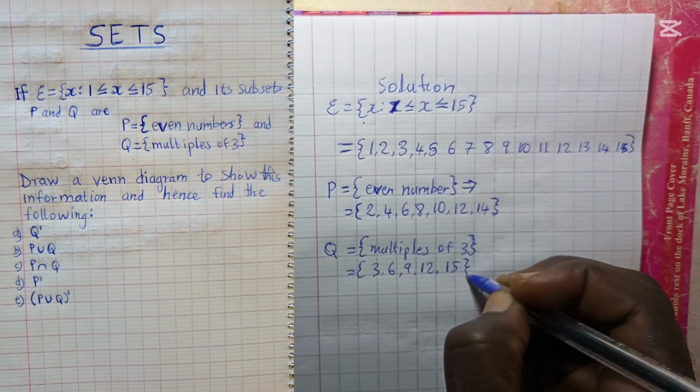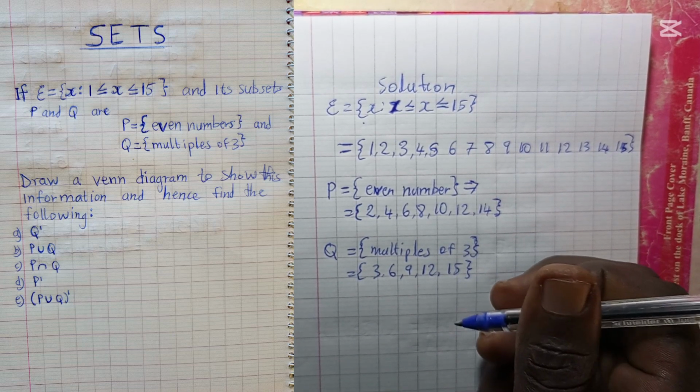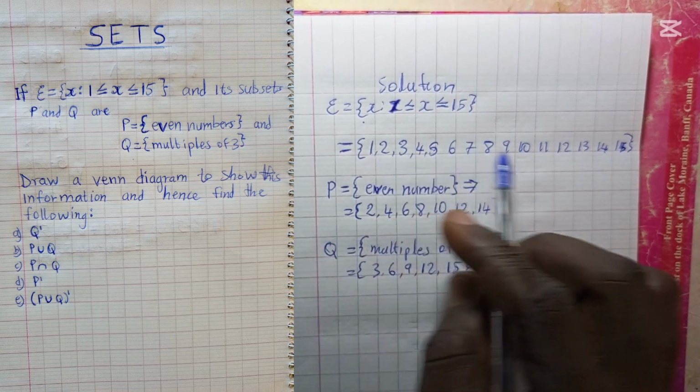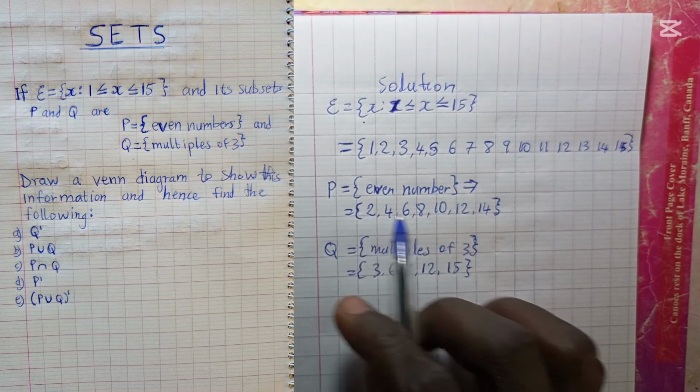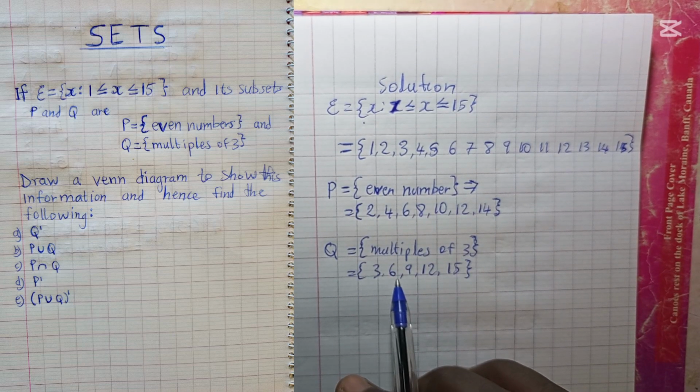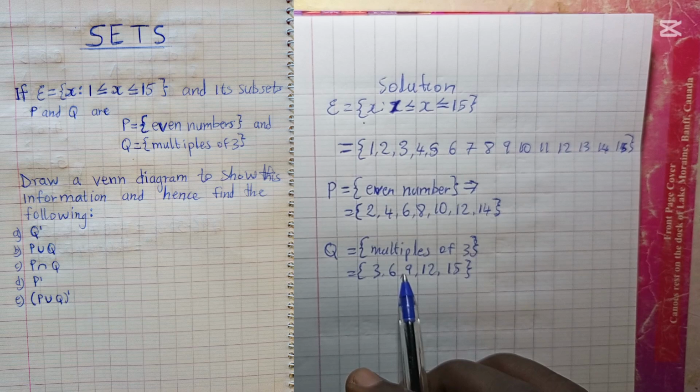So these are the elements of set Q. So these are the elements of the universal set, the elements of set P, and then the elements of set Q.